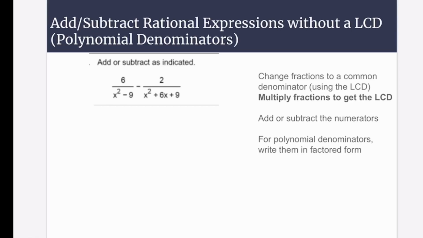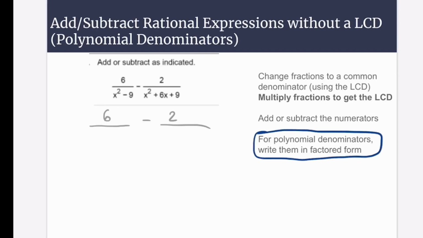So 6 divided by x squared minus 9, minus 2 divided by x squared plus 6x plus 9. Same deal. Hopefully you notice the denominators, and you're like, okay, these have to be factored, and hopefully you know how to factor these. x squared minus 9 is a difference of 2 squares.